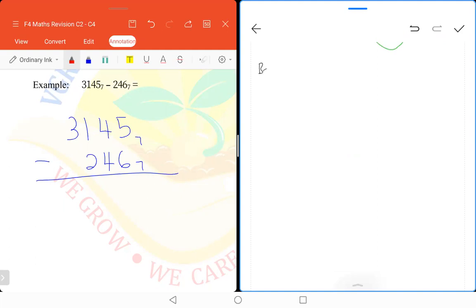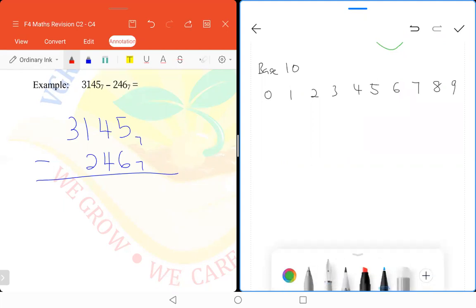In base 10, it will be 0, 1, 2, 3, 4, 5, 6, 7, 8, 9, maybe until 9. So in base 7, 0, 1, 2, 3, 4, 5, 6. 7 cannot. You must write 10, 11, 12. Refer to the table at the right side now. We do the subtraction.